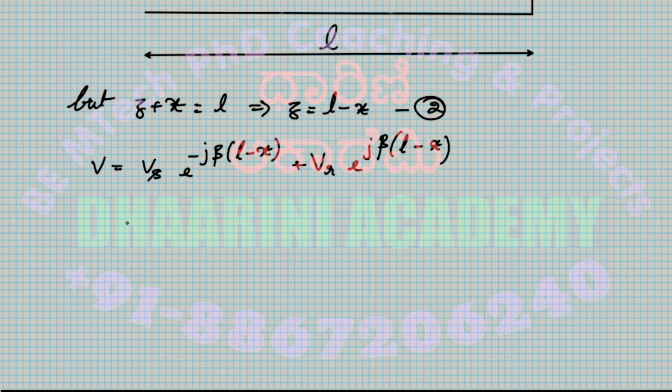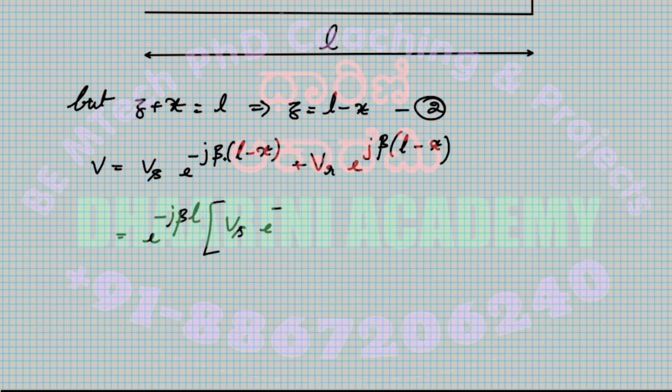So let me try to take that e to the power minus j beta L out first. What remains inside is, for the first term, Vs e to the power minus of that minus, which becomes a plus.